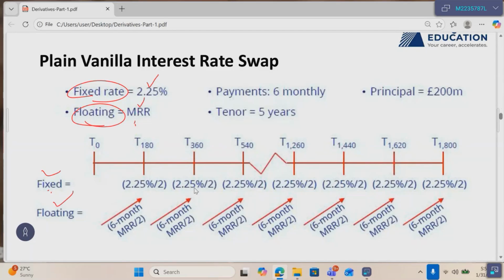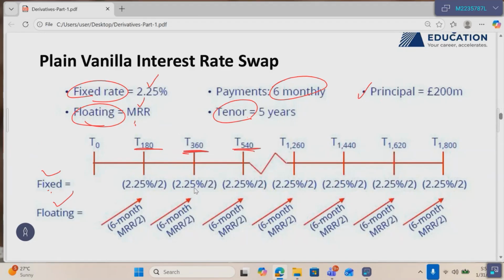Now here they're saying for 6 months. Here it is 5 years, and the amount is 200 million pounds. So here I'm actually doing a swap where, look at this, 180 means after 6 months, after 1 year, after 270 days.